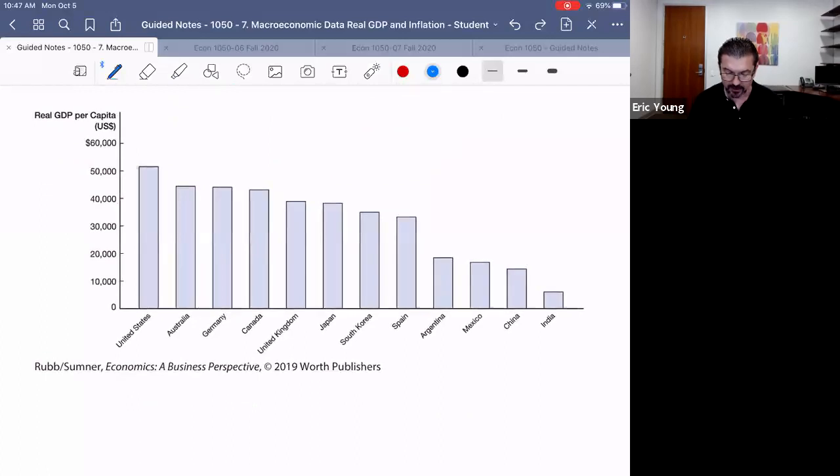If you take a look at this, this is a graph that shows real GDP per capita. It's measured in American dollars to keep it constant. And you can see that we have the US, Australia, Germany, and a bunch of other countries.